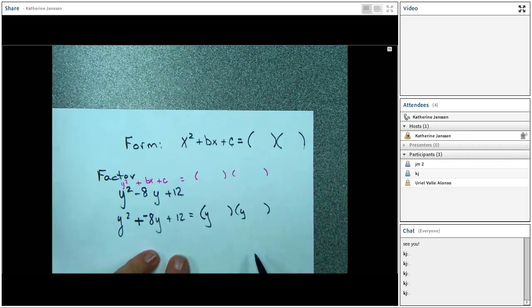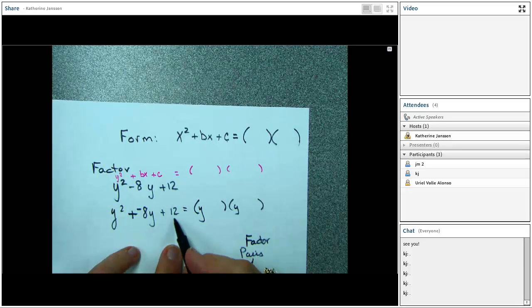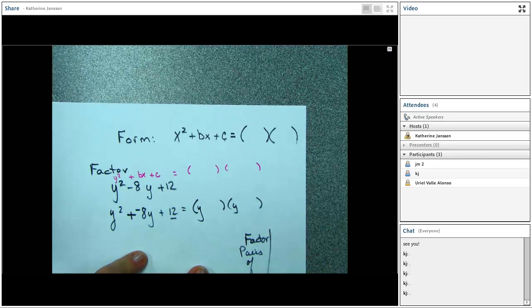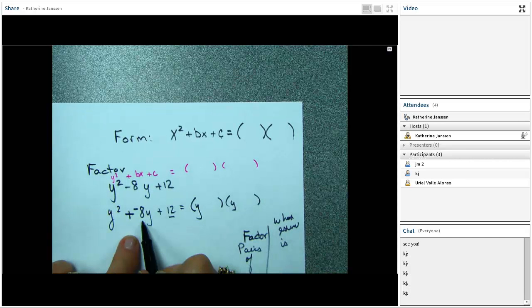But we're going to need to build our factor table. We need factor pairs of our constant, which is positive 12, whose sum is the coefficient on the y term.